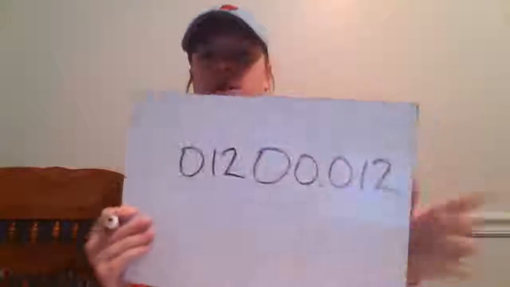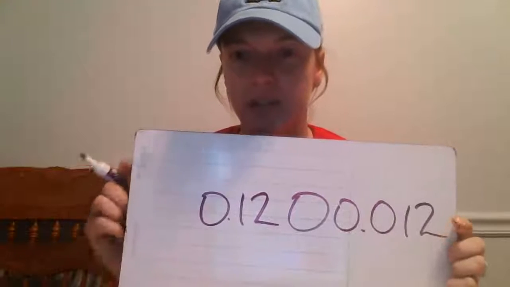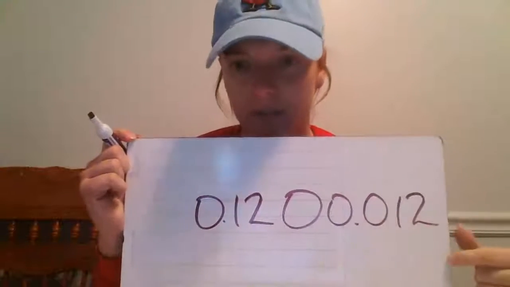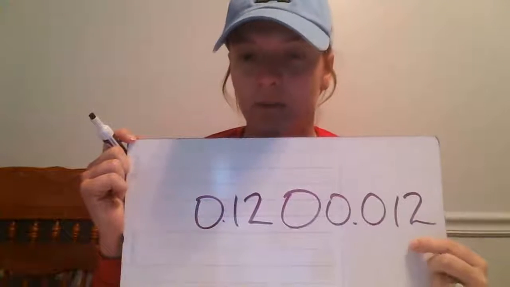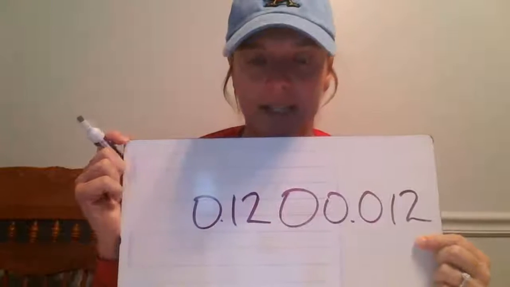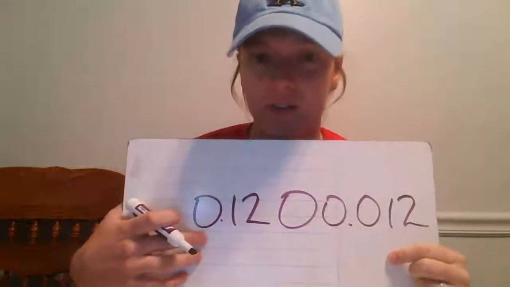Now we're going to look at example 2, and it wants us to compare 0.12 compared to 0.012. Now, we could line the decimal points up, but if we look, which one is smaller, or which decimal goes out further, okay? So your 0.012 goes all the way out to your thousandths place, and your 2 goes all the way to your hundredths place.